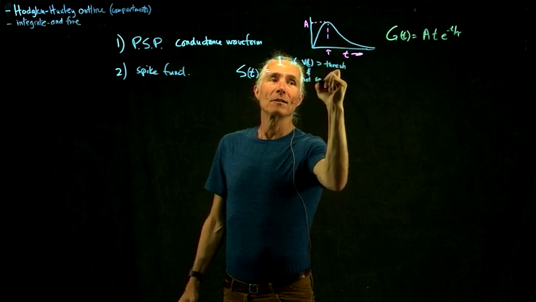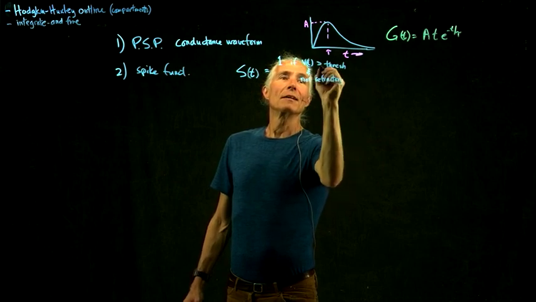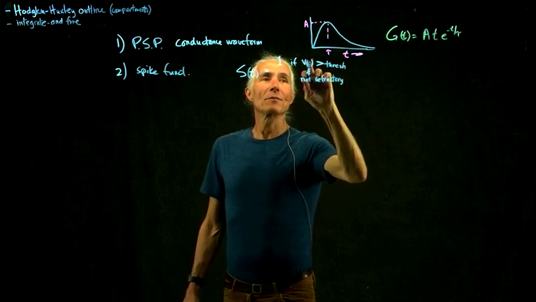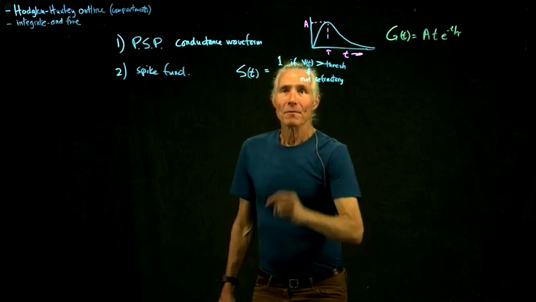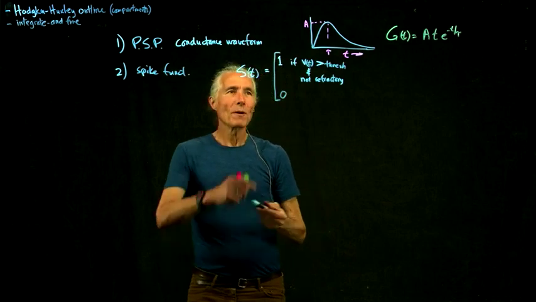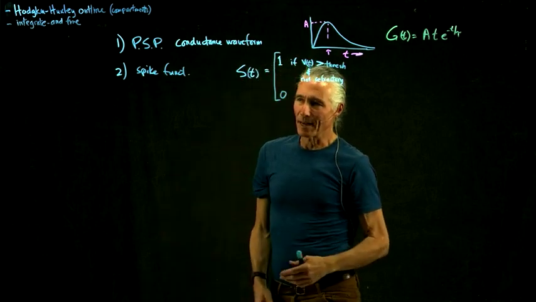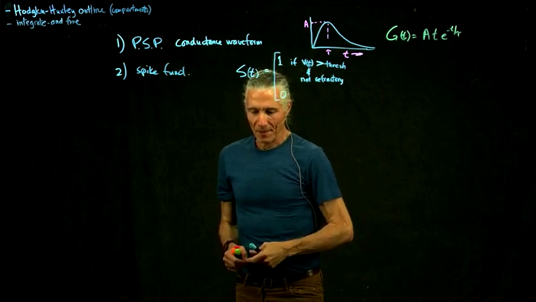How are we going to cut the Gordian knot with all those M's and H's and all that mess? Otherwise 0. So if you go above threshold and you're not in the refractory state, which we'll define, then the spike function is 1.